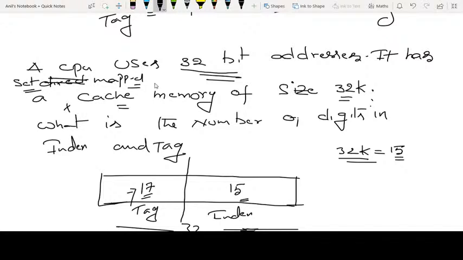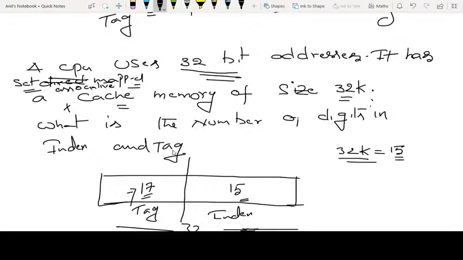If the question is asked in such a way that the cache is designed as a set associative mapped cache, then what is the number of digits for index and tag? Same thing, the question remains the same, only there is a small difference. In the previous case the cache was designed by using the direct mapping technique.